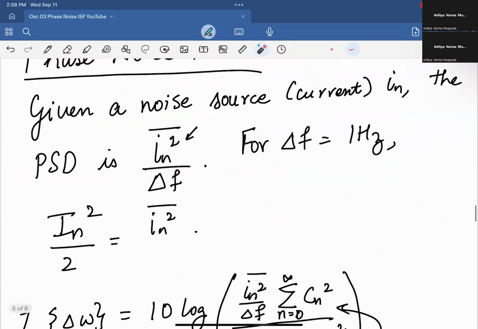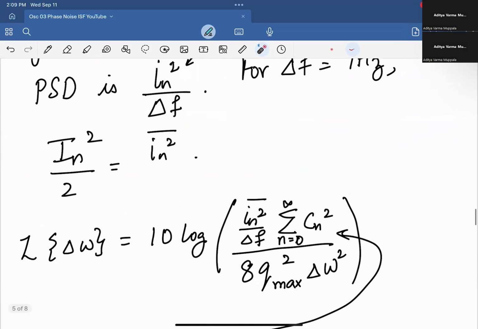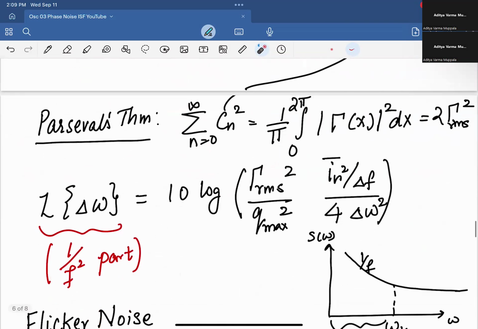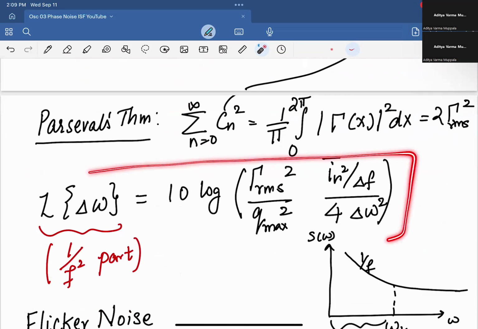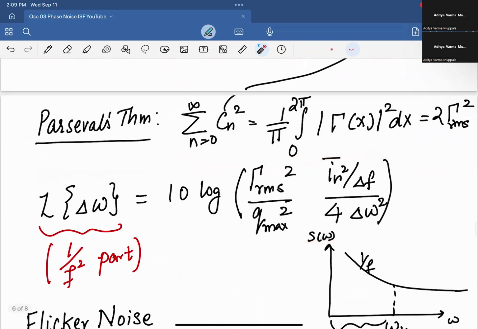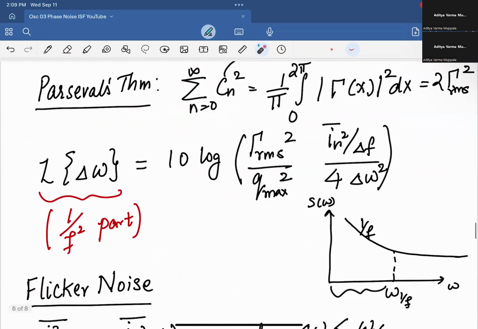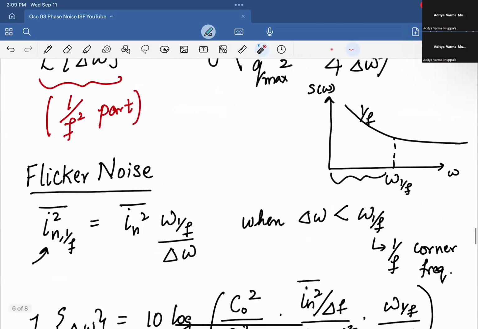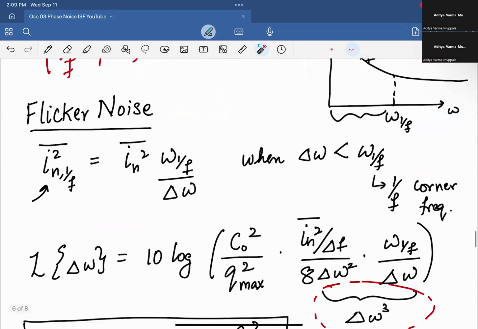So we said that if I have phase noise, I can find the power spectral density of some given thermal noise source, put that in, and using some basic tricks, Parseval's theorem for example, that gives me the noise spectral density of how a thermal noise source is modulated onto the phase noise.